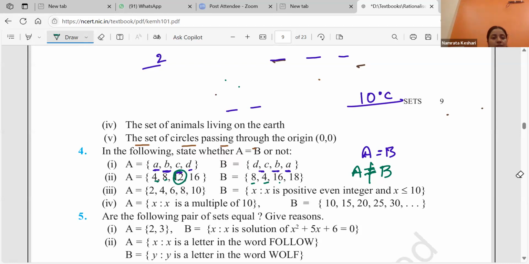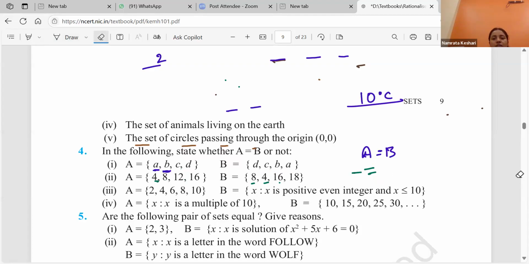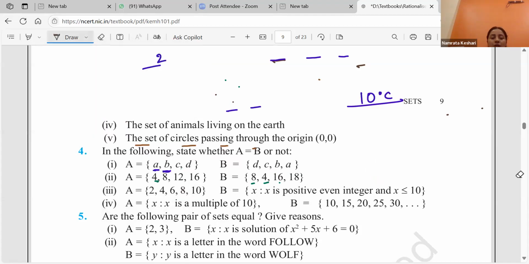Getting it, Manvi? Now, just to increase the level of the question, you can see one of the sets is given in roster form, another is given in set builder form. So 2 is there, 4, 6, 8, 10 are there. Next one is given in set builder form. Let's write it properly first.